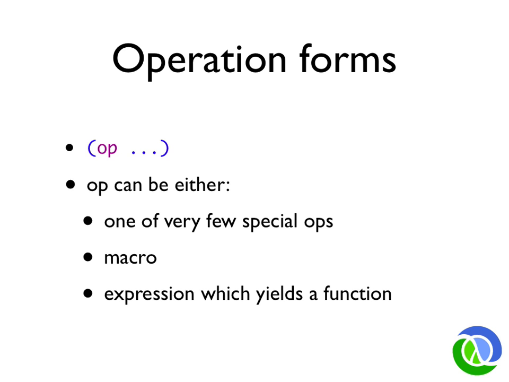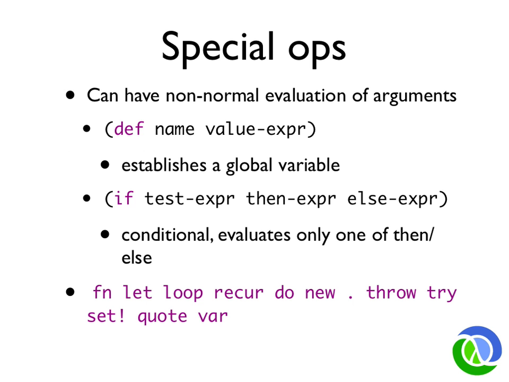Then it's going to use the rules we said before about symbols to find the value of Fred, where hopefully someone before has said, Fred is this function. Or something that at the end yields a function. It won't keep evaluating. It's going to evaluate that expression. But there are other function-like things or callable things in Clojure in addition to functions. I'll show you that in a second.